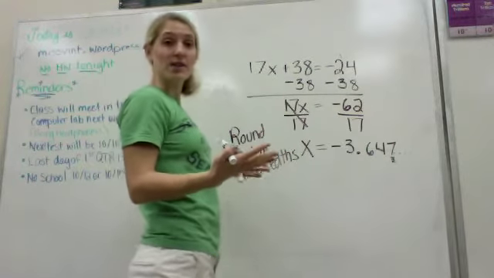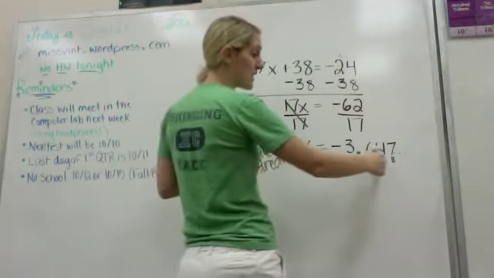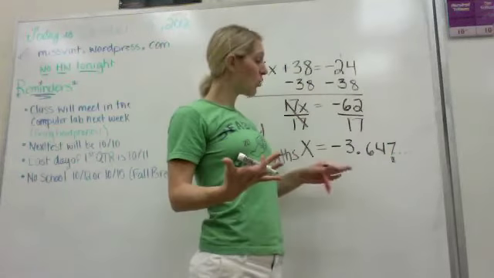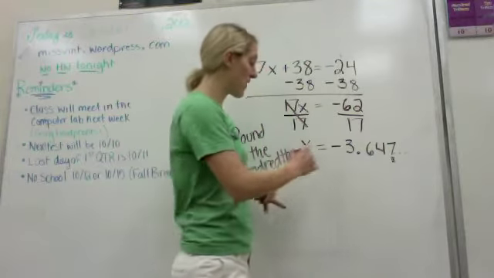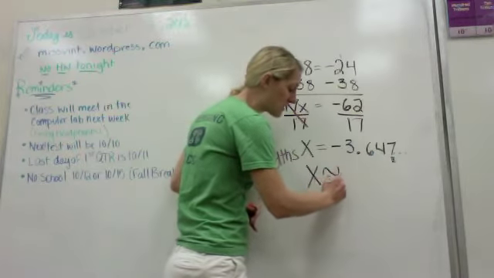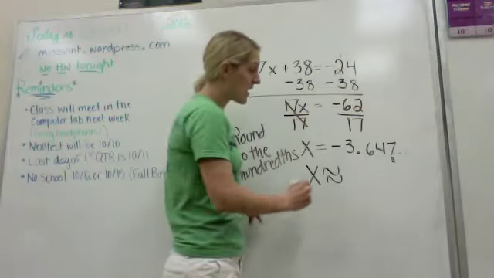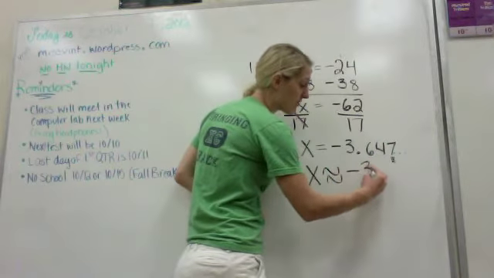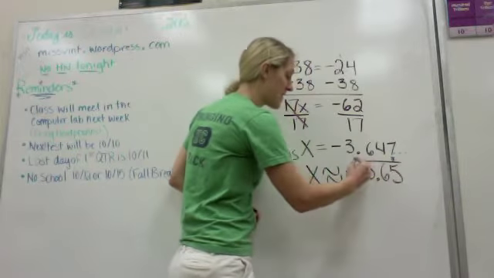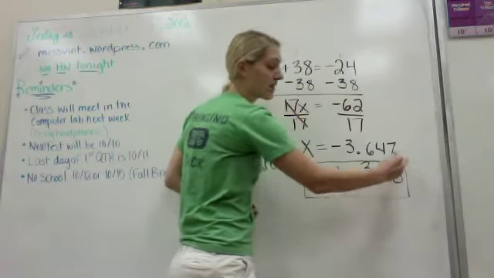In order to round to the hundredths, we need to know what's in the thousandths spot. Since the 7 is greater than 5, what we're going to do is round the 4 up to a 5. So we're going to say x, and we're going to do a squiggly equal sign for about, is about negative 3.65. And that is where we will leave our answer.